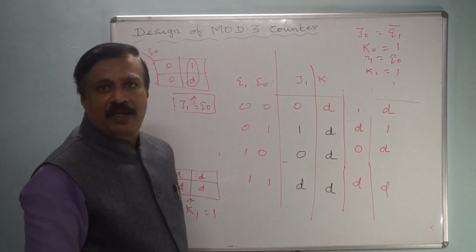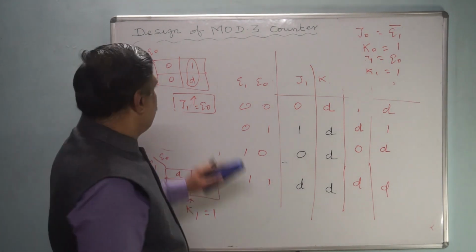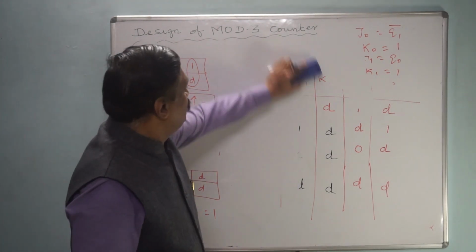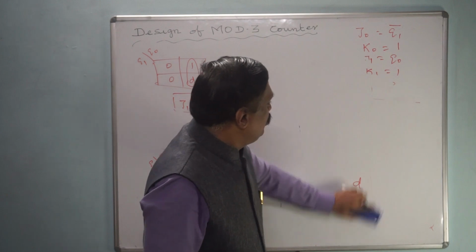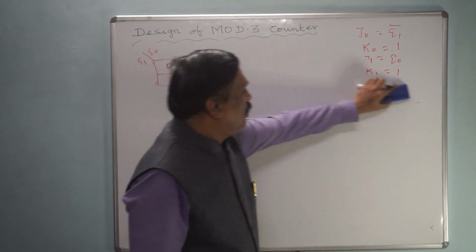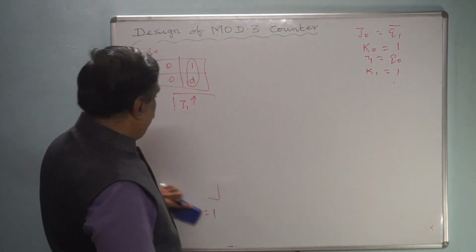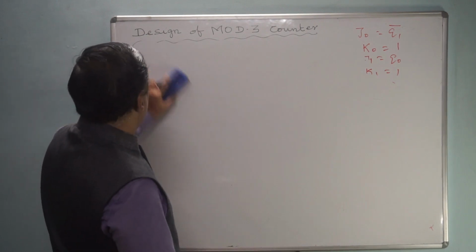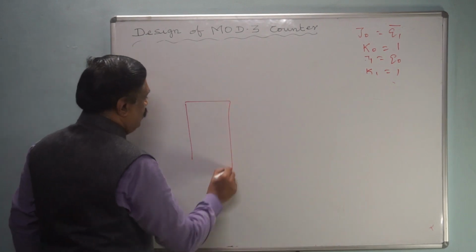Now you have prepared the K-map. Now you have to go for a circuit. I told you we are using JK flip-flop, therefore you take 2 JK flip-flops.